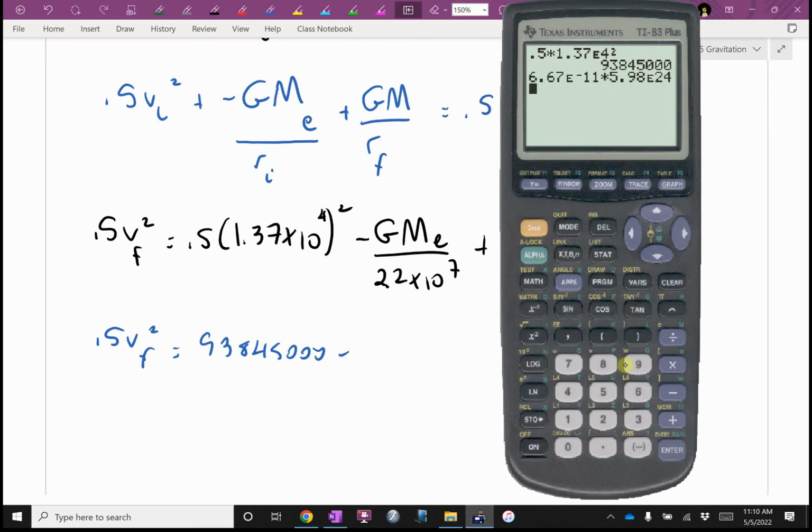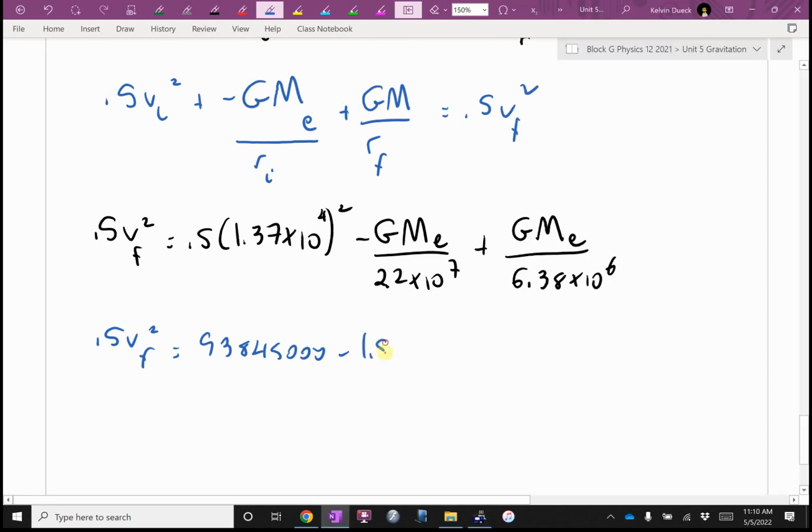Scientific notation 24 divided by 2.2 scientific notation 7. I know there's a minus sign in front of it. I didn't put the negative here. I'll just write the minus sign. Minus 1.813 times 10 to the 7th.